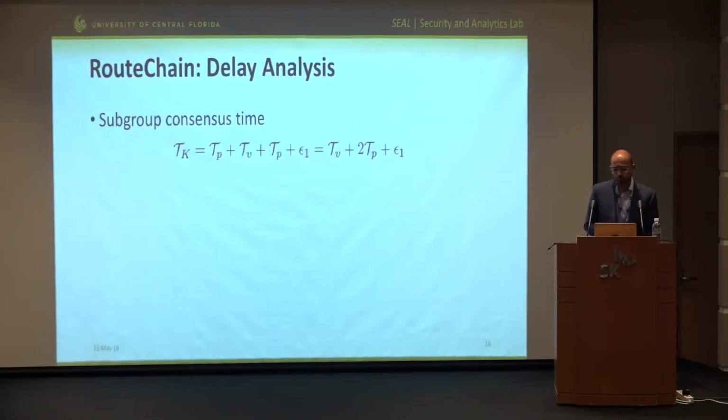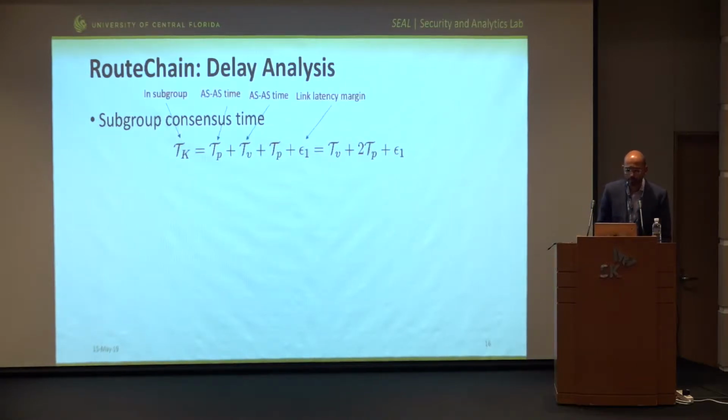It's easy to bound the subgroup consensus time as a linear combination of multiple latencies or delays. The subgroup consensus time, TK, can be expressed in terms of the AS to AS latency, AS to AS time, and then the link latency margin.